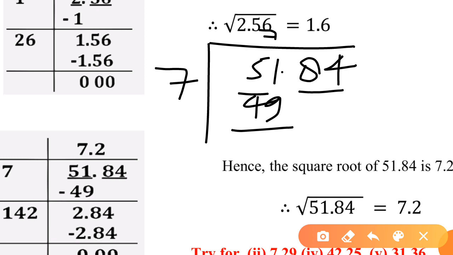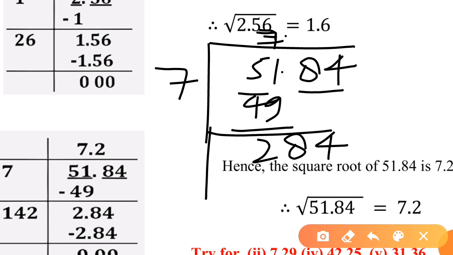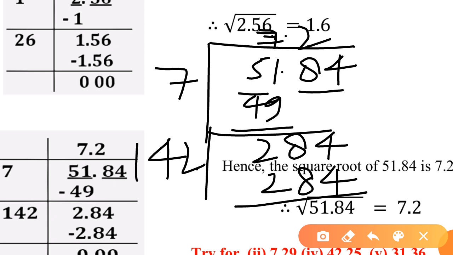On subtracting this we got 2, and now we copy the next pair here, so it becomes 284. Now doubling the quotient here, it becomes 14. Then we multiply it by 2, so 2 2s are 4, 2 4s are 8, and 2 1s are 2, and on subtracting it becomes 0.